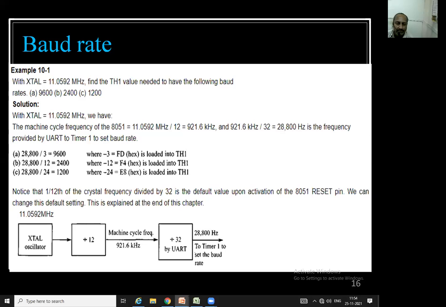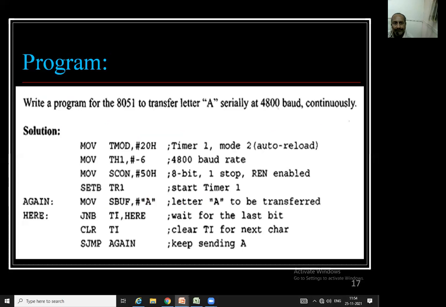So the same example is given here. It is one small program with which you can refer to all the steps whatever we have studied today. This simple program we are going to learn in the practical also, but here in the theory part we will just go through it.